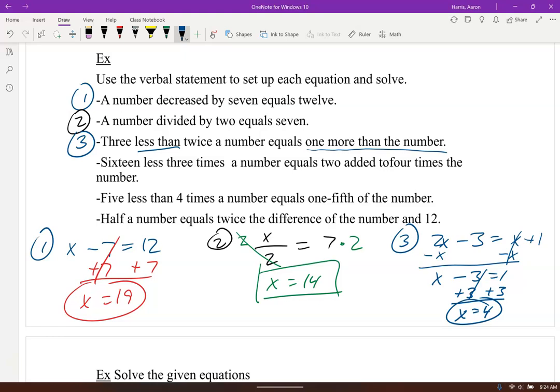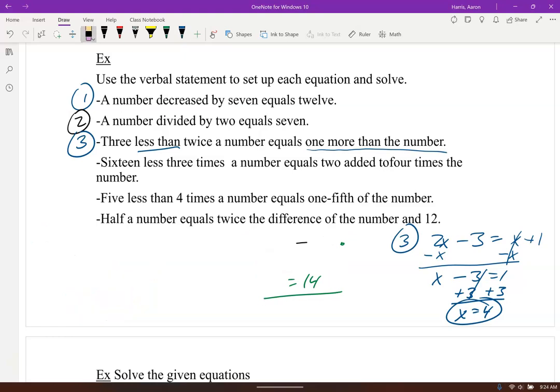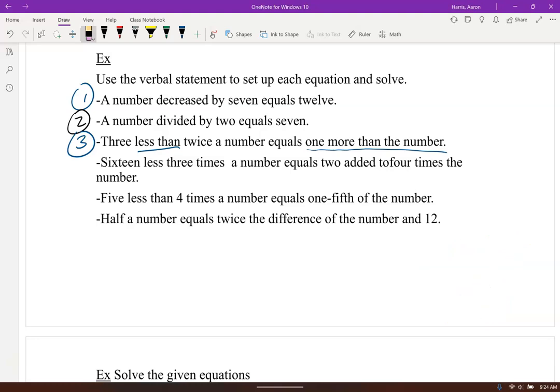All right, let's do the next one here. Let me get a little room. Erase these. Number 4. 16 less than 3 times a number equals 2 added to 4 times the number.